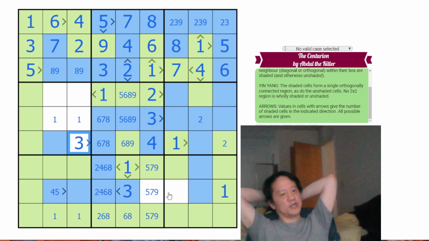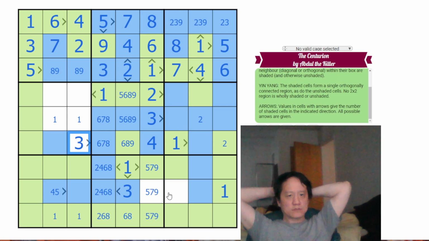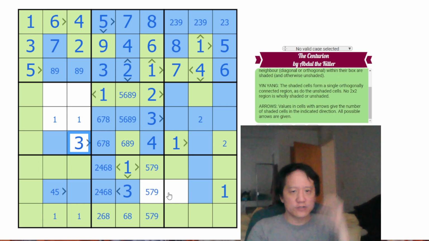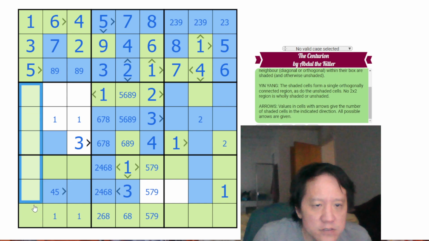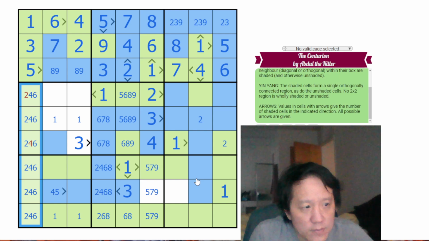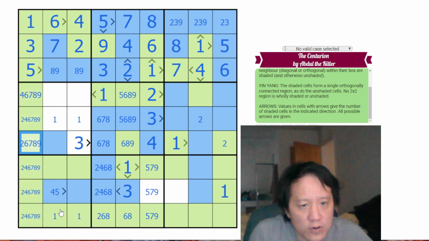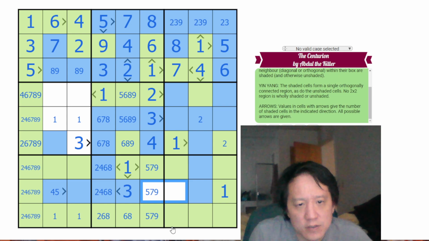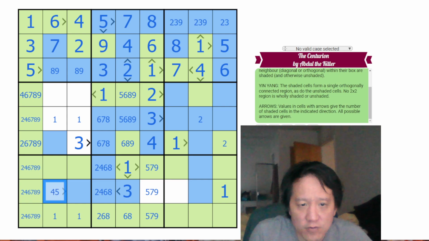We don't know if it's shaded or not. 2, 4, 6. 7, 8, 9. 2, no. It cannot both be shaded. Oh, sorry, unshaded. Therefore, this has to be 5.